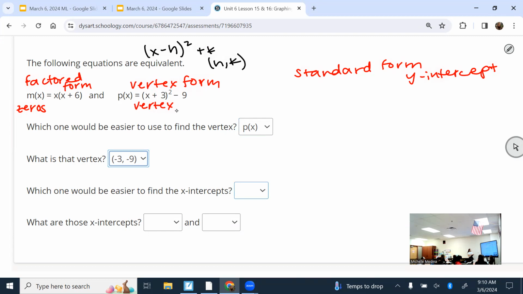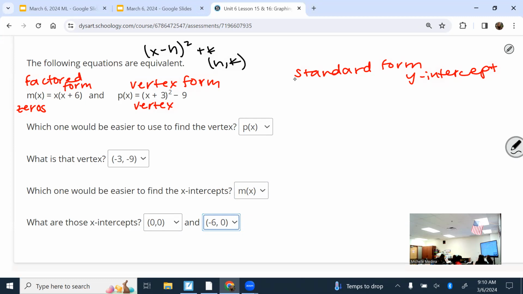Which one would be easier to find? The x-intercepts, the one that's in factored form. And then what are those x-intercepts? So looking at our factored form, what are our x-intercepts? Zero, zero, and -6, 0.